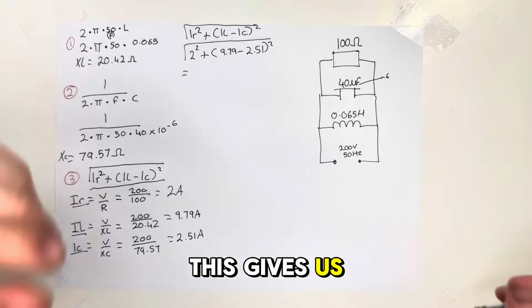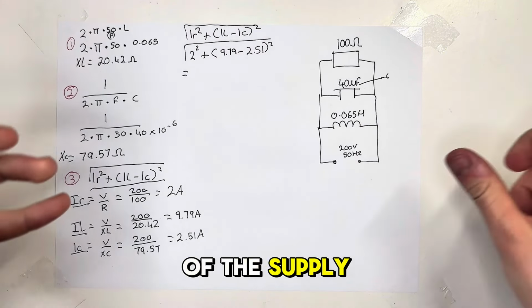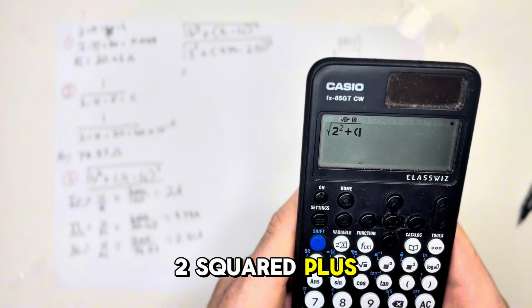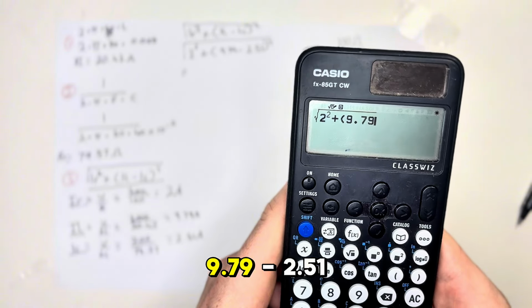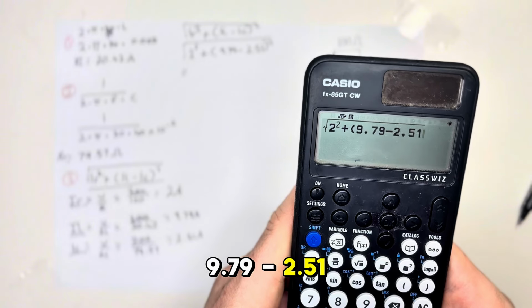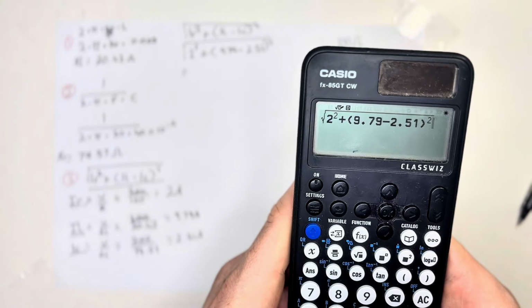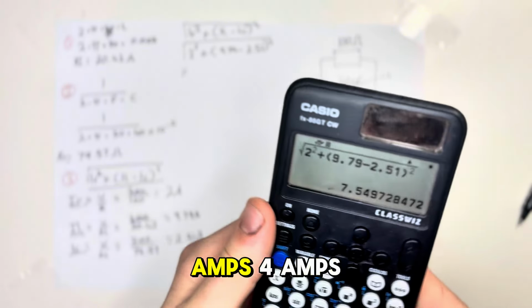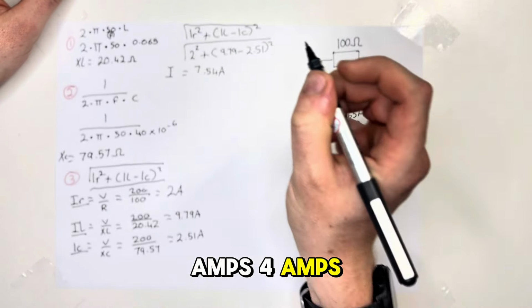This gives us the total current of the supply. 2 squared plus, open bracket, 9.79 minus 2.51, close bracket, squared. We have 7.54 amps.